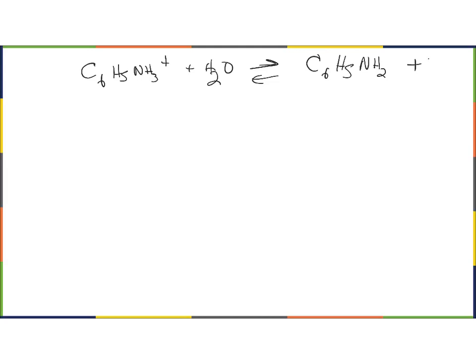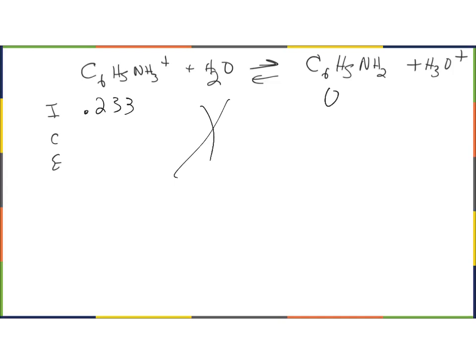So our reaction is C6H5NH3 plus H2O going into the conjugate base plus H3O plus. Our initial concentration of this acid is 0.233 molar.